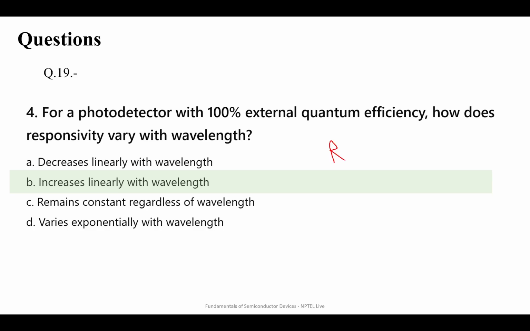So responsivity is given by delta I divided by P in. Here P in is the light power that you are shining on your sample, and delta I is the change in current that you are observing.